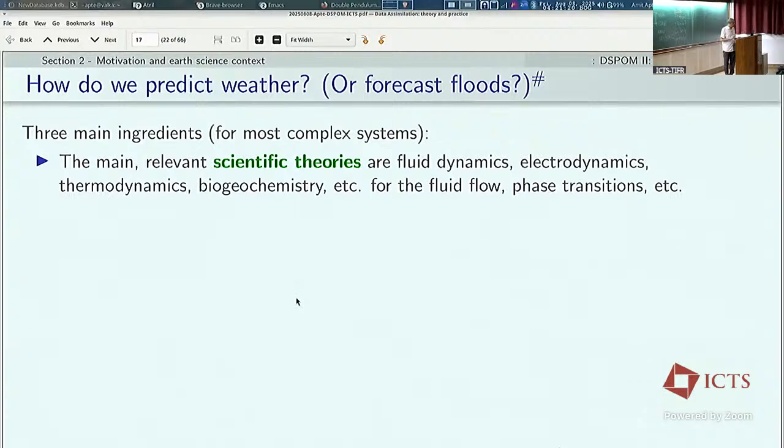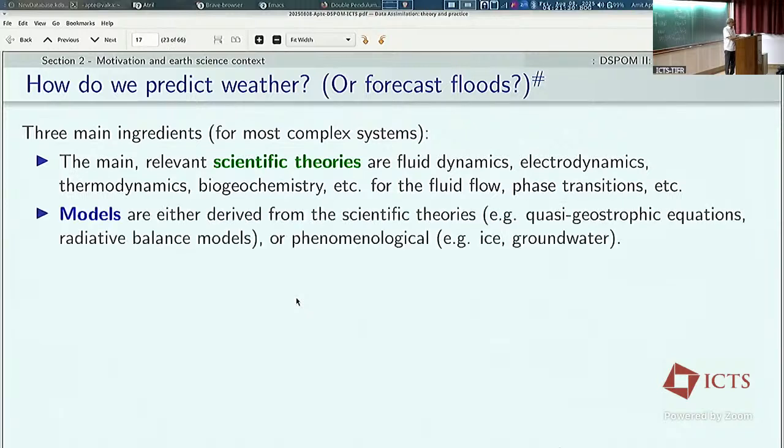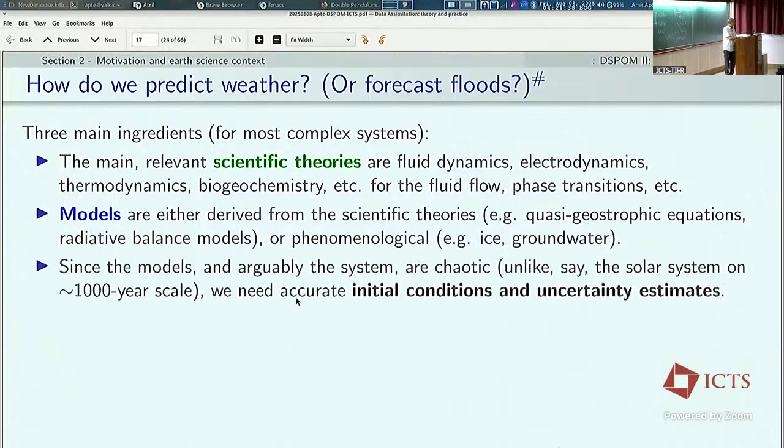Okay, so let me skip this. I'm running out of time for where I want to go. At some point, if you want, you can discuss later. We have good theories, but the models are not good enough. Why? What is missing clearly is the initial conditions for these systems and associated uncertainty estimates.